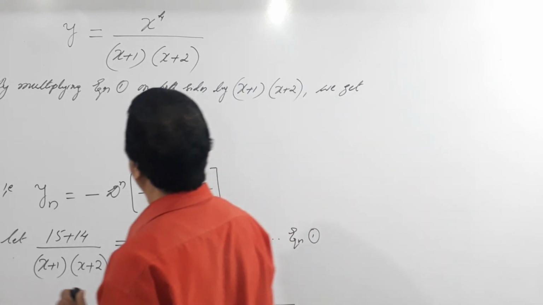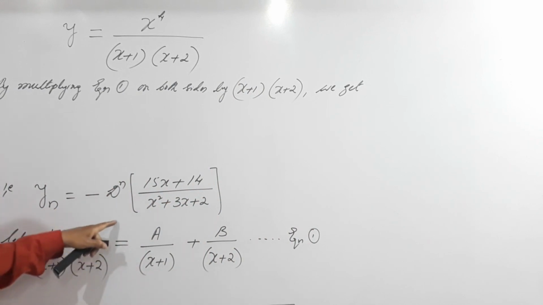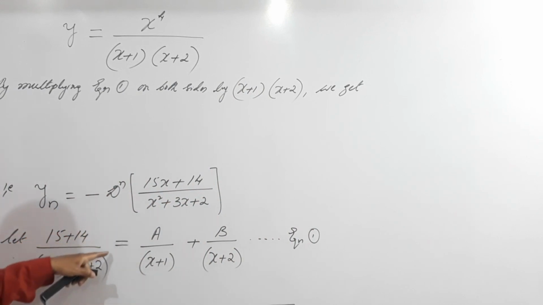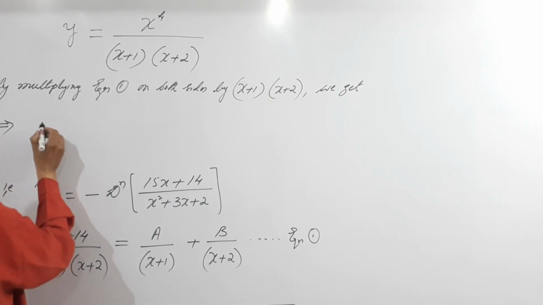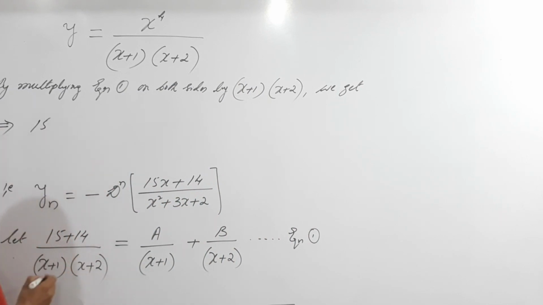If you multiply by (x + 1)(x + 2), on the left hand side, both of these cancel. So what are we left with? 15x plus 14.